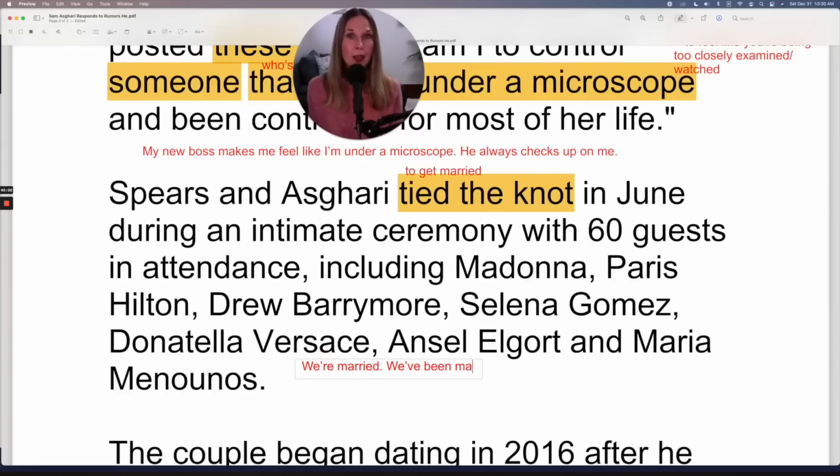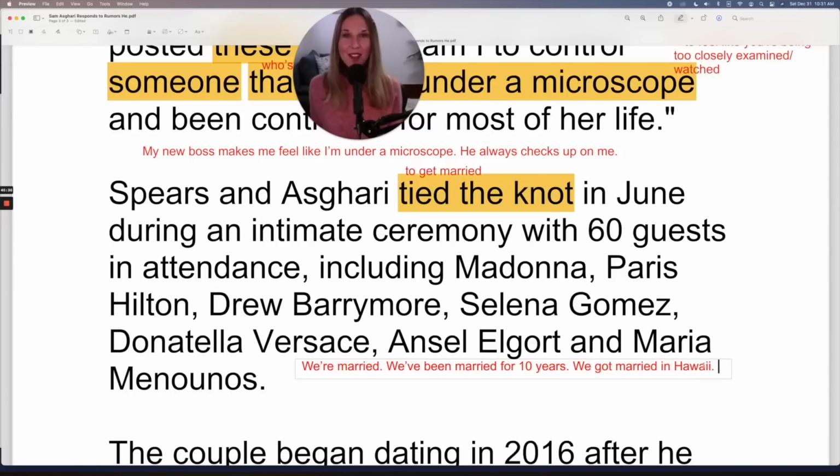We've been married for 10 years. Now, I'm putting it in the present perfect because the action started in the past and continues until now. So I'm using the verb be married because I'm talking about the current state now. I am married. But if I want to talk about that transition from not married to married, I use get. So now I can say we got married in Hawaii.